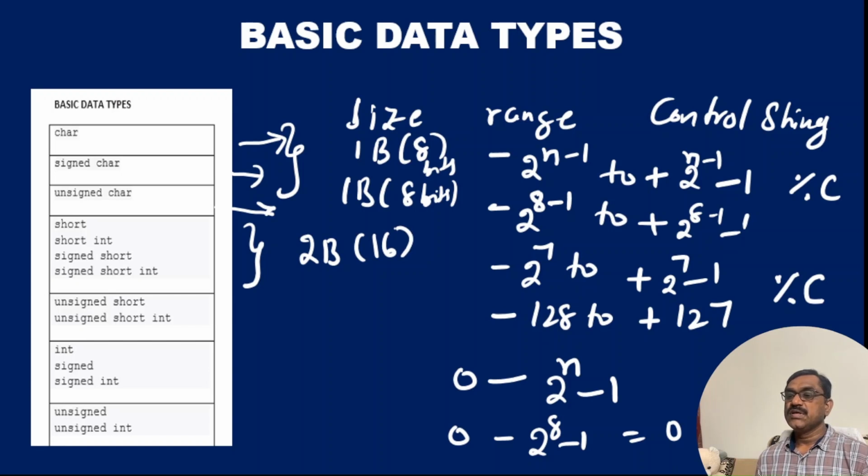Now how to find out the range? Again for finding the range, use the same principle so that you can easily get the range. Now the control string for this short is not %d for integer. For that you have to use percentage %hi.